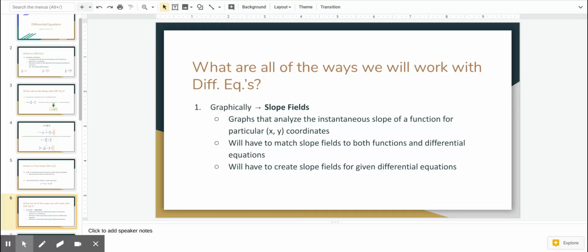Well, just imagine you could plug in every single xy coordinate into the differential equation, and draw a little mini slope line at that xy coordinate that corresponds to the differential equation you were given. If you find the slope at every single point on a function and draw just a little tiny line that represents that slope, and then you connected all of those slopes together, you would have the function itself.